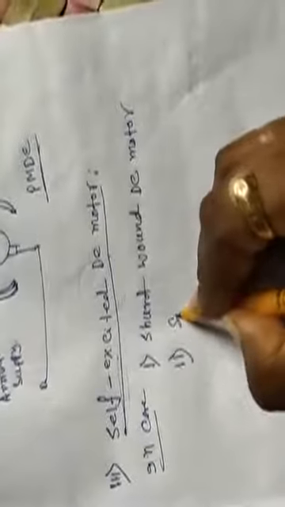Second is the series wound DC motor. Third is the compound wound DC motor. First we will discuss the shunt wound DC motor.